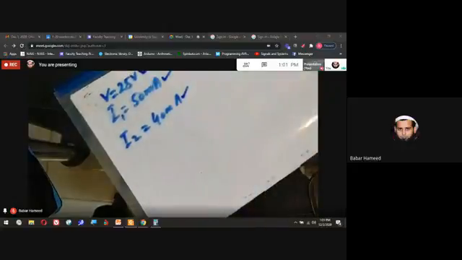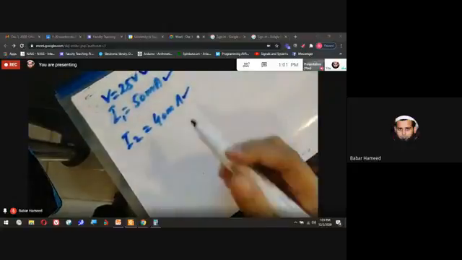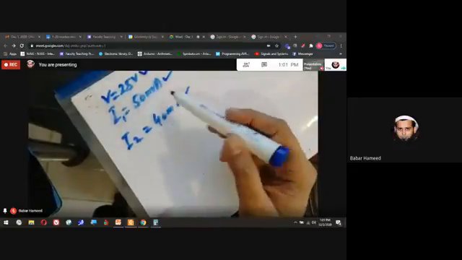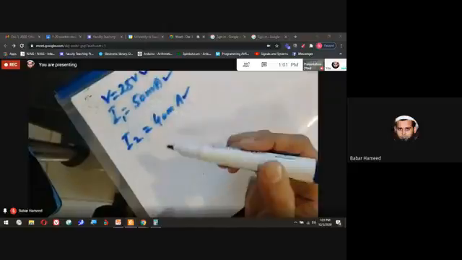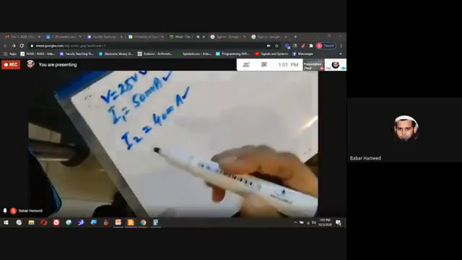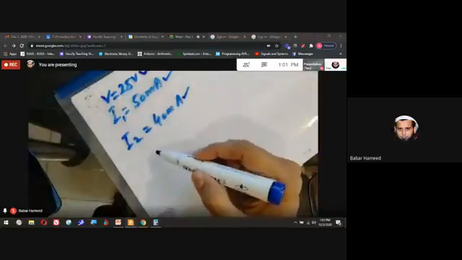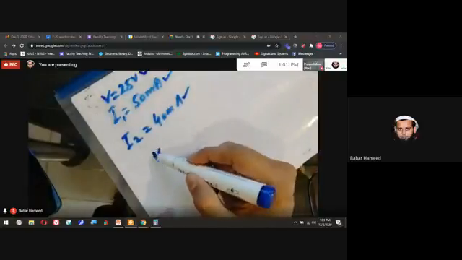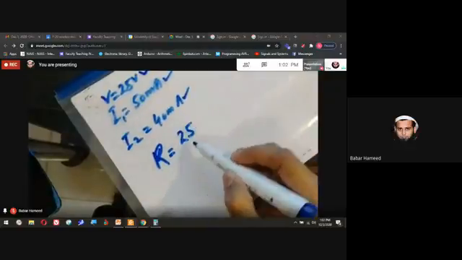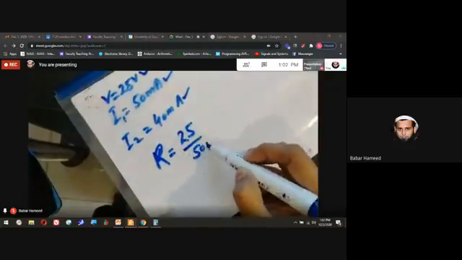There are different approaches to solve it. One approach is: 40 milliampere is how much of 50 milliampere. That is another approach. One I use is to calculate R. R is 25 divided by 50 milli.